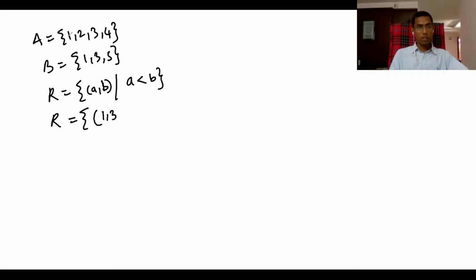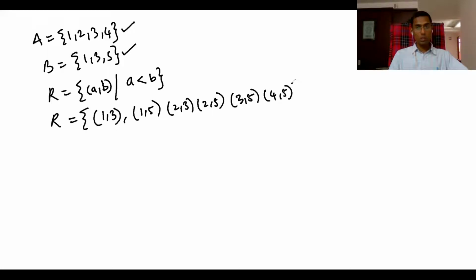A you have to take from the first set, B from the second. 1, 3 will come. Next 1, 5, then 2, 3, 2, 5, then 3, 5 and 4, 5 will come. This is R.